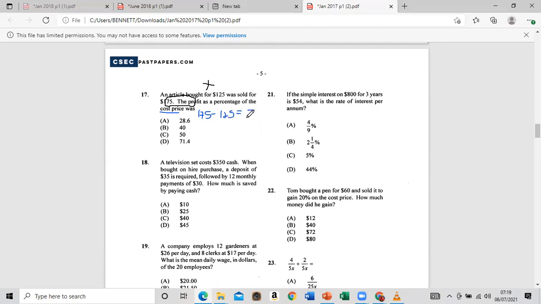Big up all the hustlers out there. All right, so it's $50. Now we're going to find it as a percentage of the cost price. So the cost price was 125, so we multiply by 100. So 25 into that, 2, 25 into this, 5, 5 into this, 1, 20. 2 times 20, that's 40%.